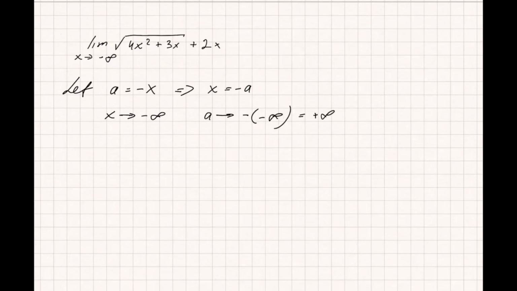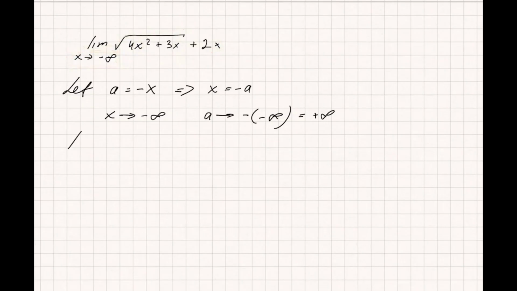So if I do this substitution, I will not only need to substitute everything in the expression for a, but also the limit that I sent my x to, or in this case, I will need to change that for a.